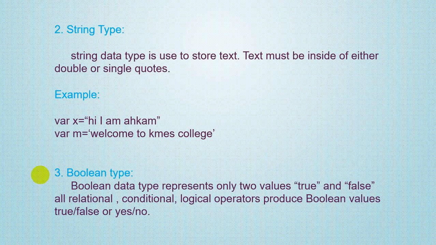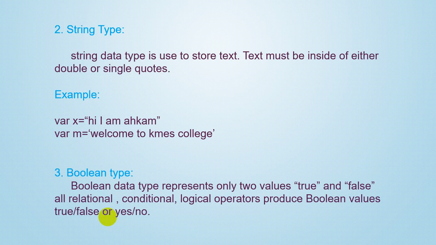Only one possible value at a time means, for example, if you have a power board or switch board in which we have a number of keys or buttons, the button can be either on or off. In the same way, if you have a question where you have to select whether it's true or false, you can use only one value at a time.